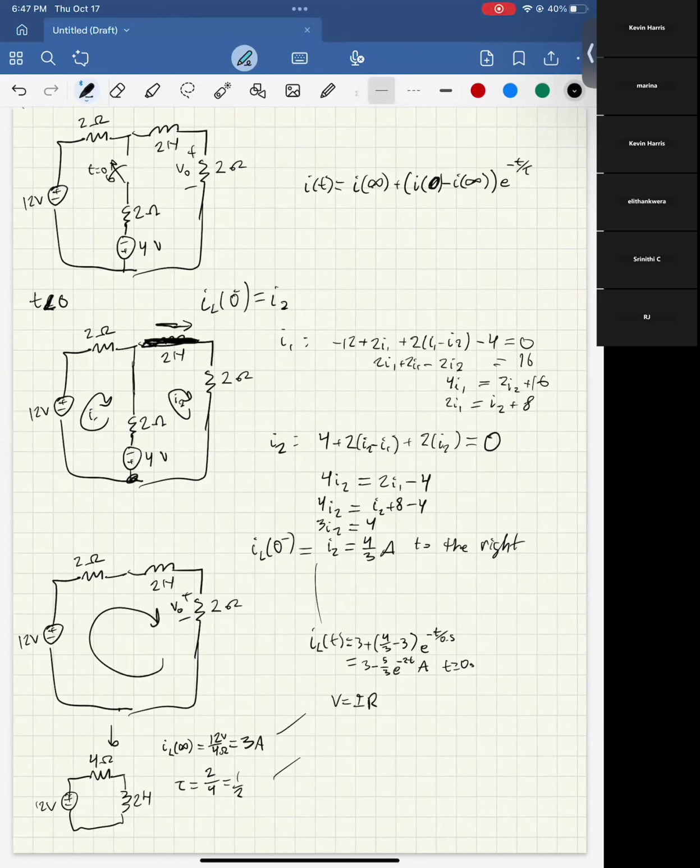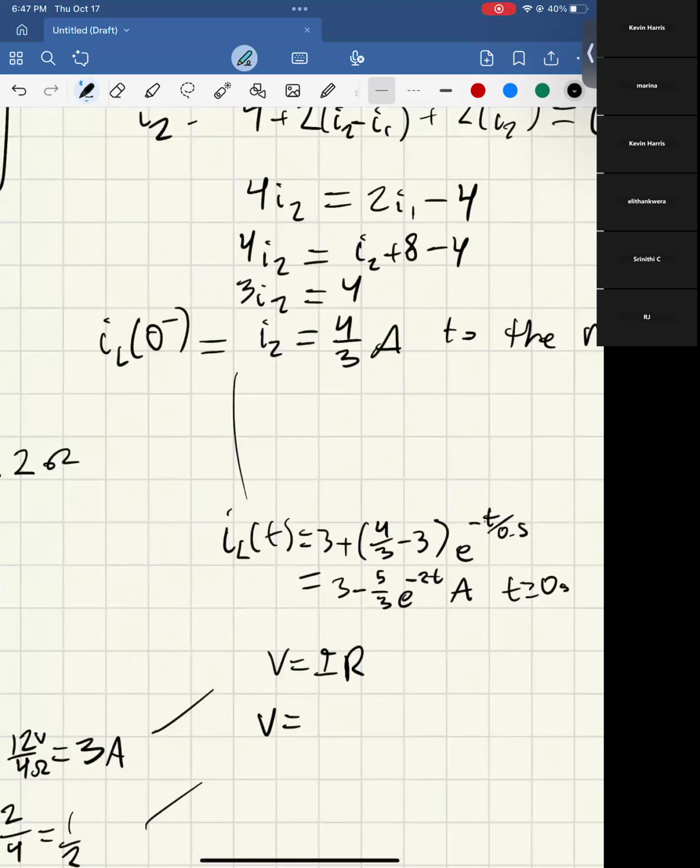So if we found IL of t, that's going to be equal to the current for everyone. So if we want to find that voltage, right, it's just going to be 2 times that thing we got. Because V equals IR, I'll write this in a better form here.